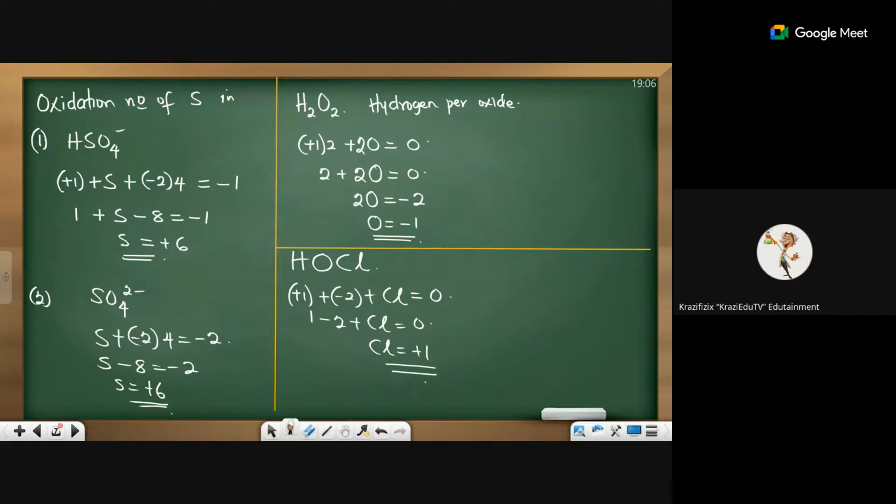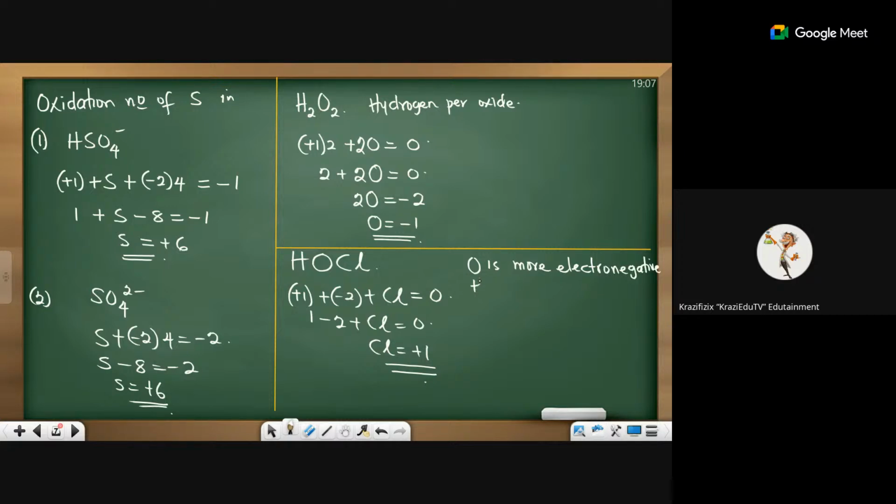This is going against what we said, that oxidation number of halogens should be -1. In this case, oxidation number of chlorine is what? +1. I want to give you a reason now. Is that okay? Here, oxygen is more electronegative. That we can check from the table.